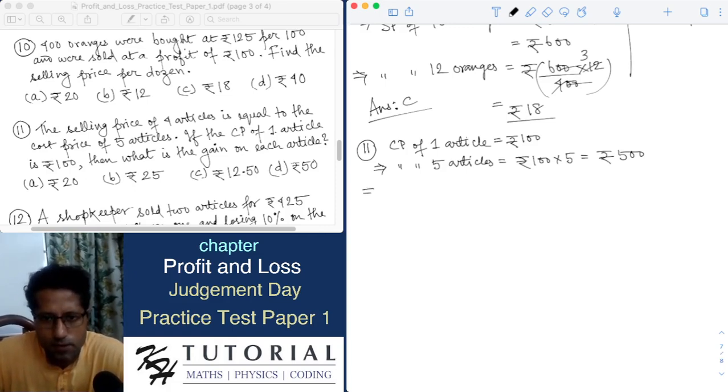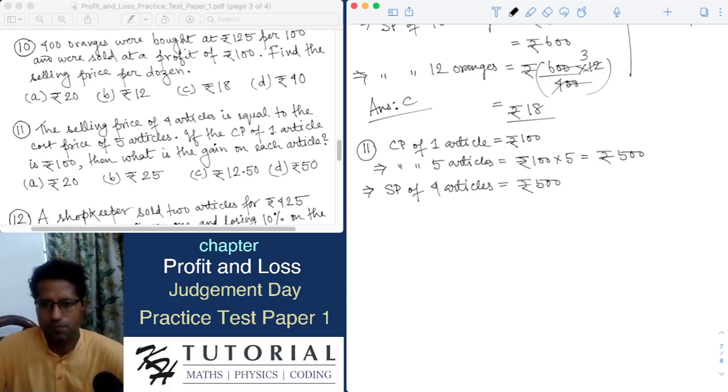Now it is said that selling price of 4 articles is equal to the cost price of 5 articles. So we can say selling price of 4 articles is equal to rupees 500, because 500 is the cost price of 5 articles.